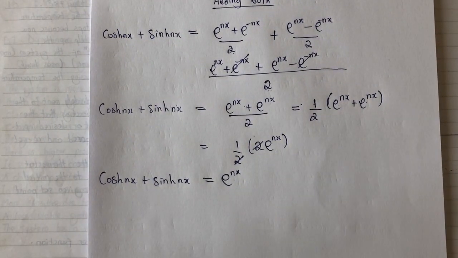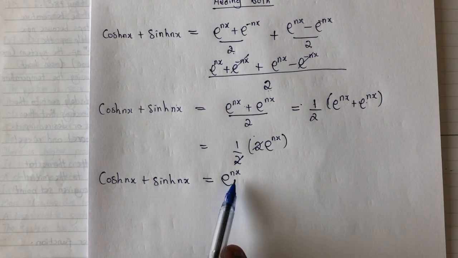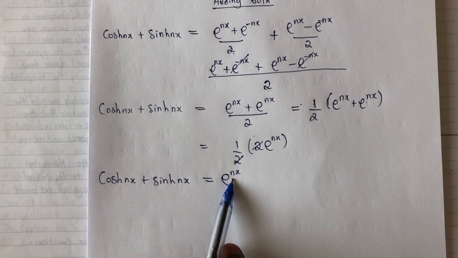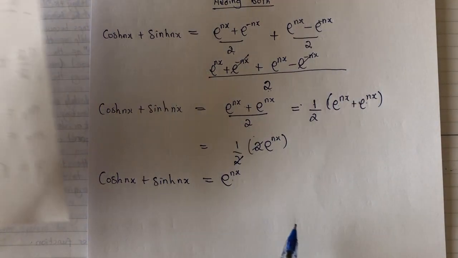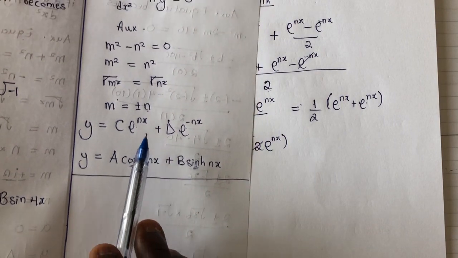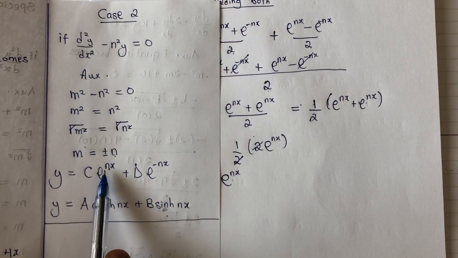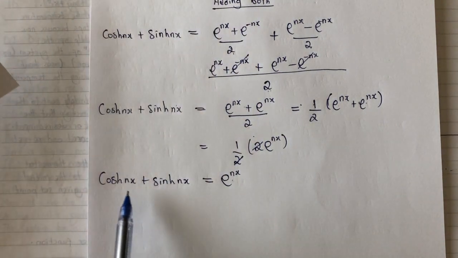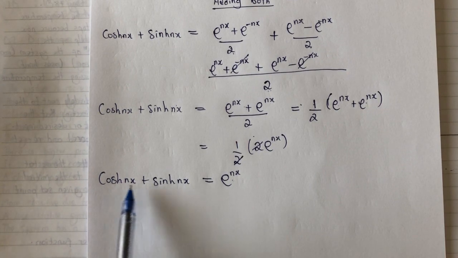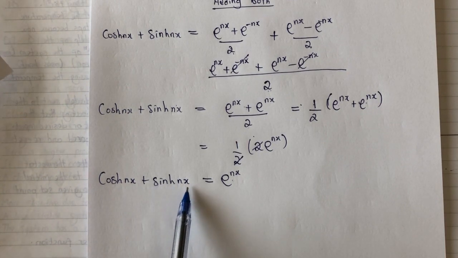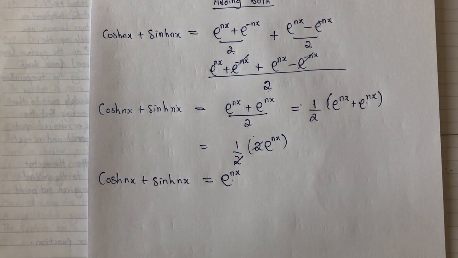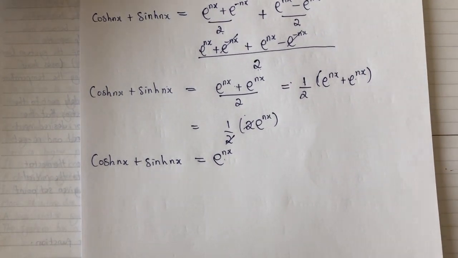The addition of cosh and sinh will give you e raised to the power nx, and it is what is representing this side. So e raised to the power nx is equal to the sum of cosh and sinh nx. Now let's subtract both and see the result that we will get.